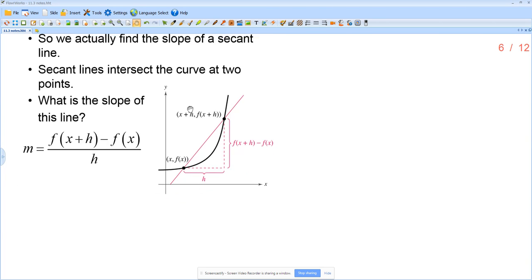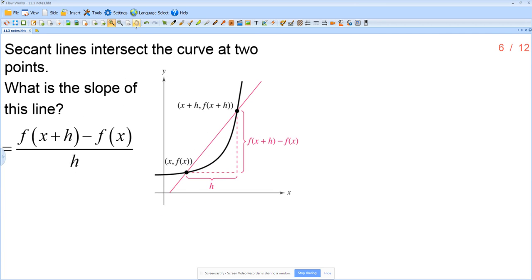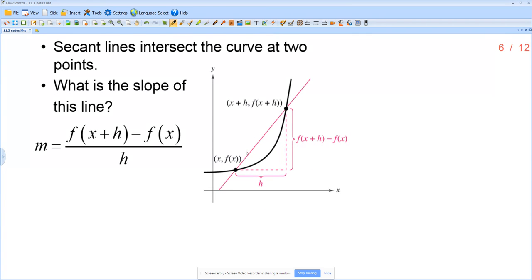The 2 points that I'm going to use here are x comma f of x. That's right here, where this is just some x value and the y value that you get at that x value. Then here's x on my x-axis. I'm going to move over h units.